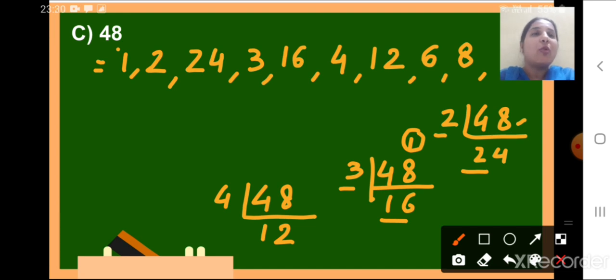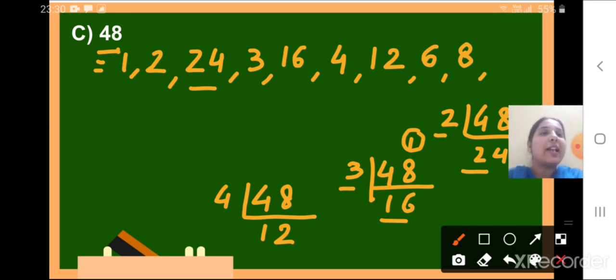Now children, if we will move further after this number 24, so we will not get the factors for number 48 except itself. So that we will write here now, number 48. So what are the factors of number 48? Let's arrange them.